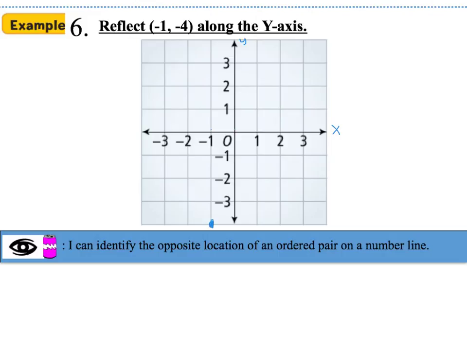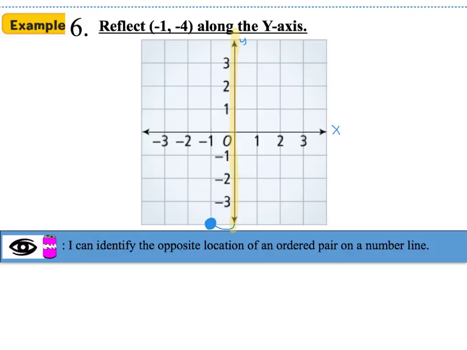Now we need to reflect along the y-axis. So here's the y-axis. I'm going to go ahead and use a highlighter and indicate that this axis will be my mirror. And I look in the mirror and I see that my point is 1 spot away from the y-axis.